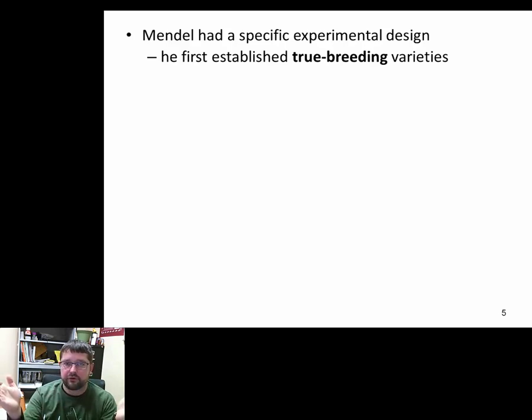So whatever character you're interested in, from a pea point of view, that was the true breeding variety he had to establish. So if it was seed color, maybe the seeds are either green or yellow, a true breeding variety would be a plant that produces green seeds constantly or yellow seeds constantly. Okay, and that's how he had to establish that.